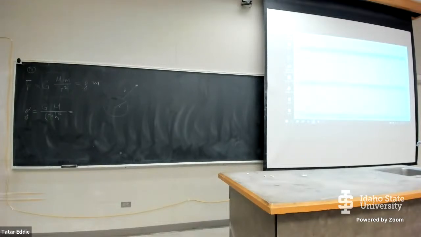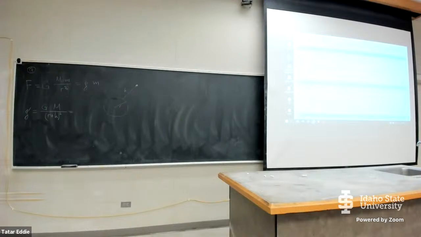So problem 18 from the same homework assignment. A space traveler with certain weight, and that weight is given in newtons rather than in pounds or any other units, which is the SI system of units, newtons for force.